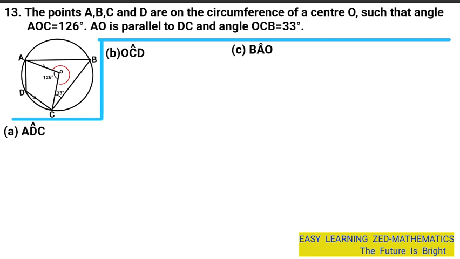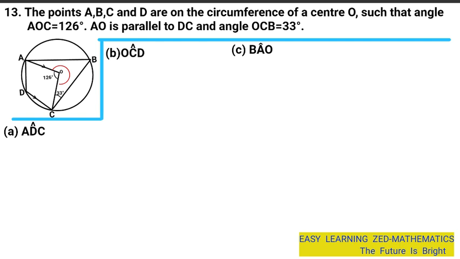Okay, so we're going to use the property that angles on a point add up to 360 degrees. So we're going to subtract 126 degrees from 360 degrees, then divide the result by 2, and that is going to give us angle ADC.